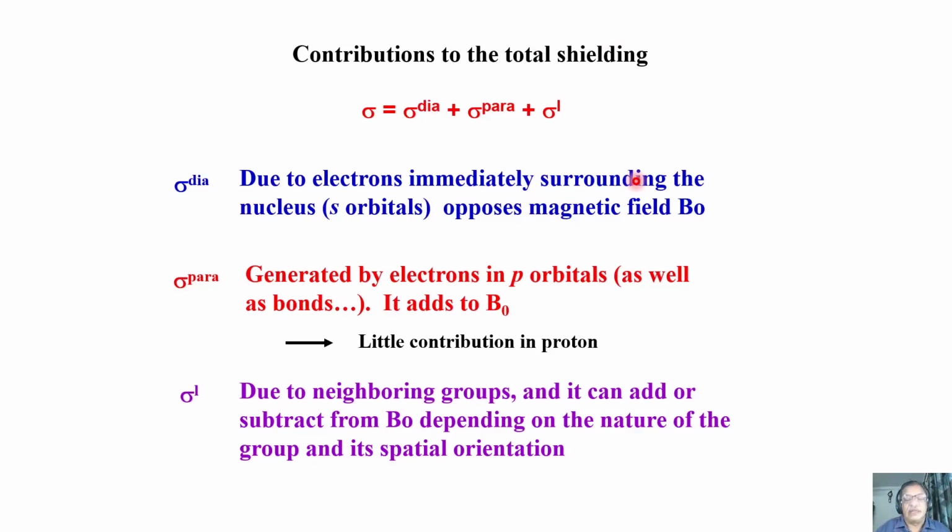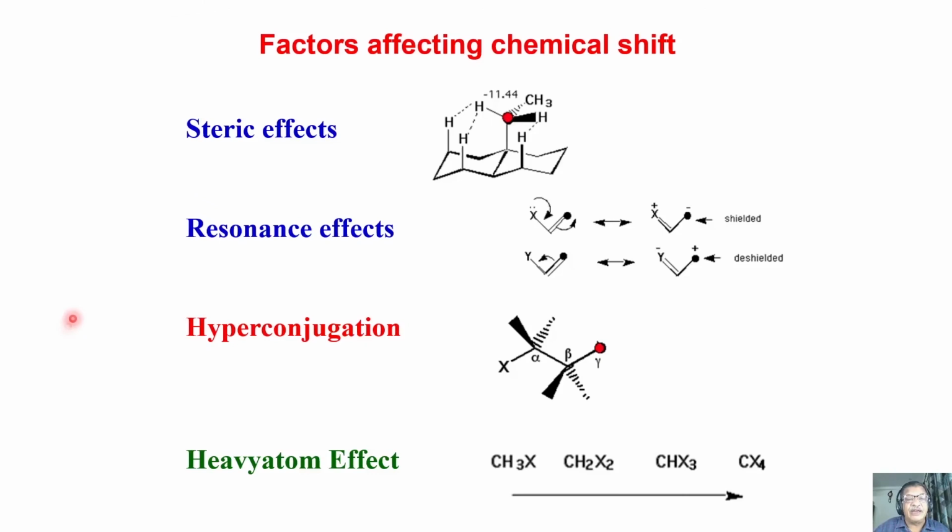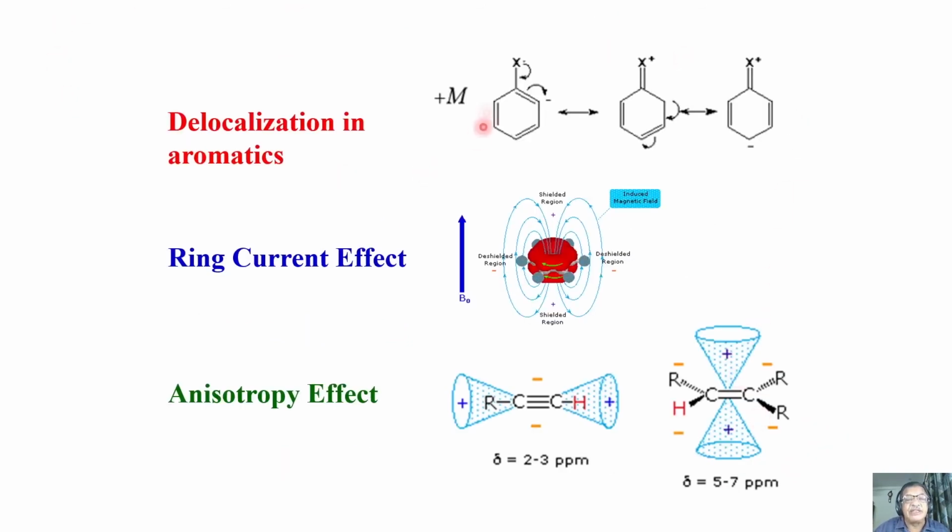So with this idea, now we have to understand various effects that are there to interpret the NMR spectrum, like steric effect, resonance effect, hyperconjugation. What happens if you attach a heavy atom, and delocalization, aromatics, ring current effects, and the anisotropy effect because of the anisotropy of the bonds. All these effects are present.